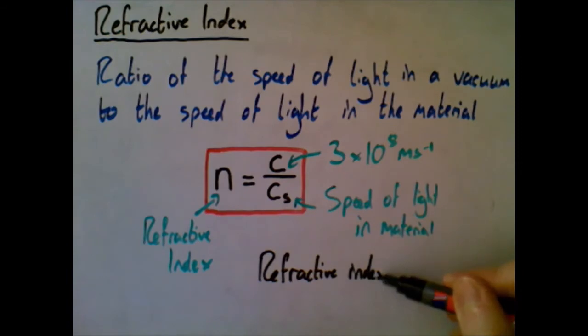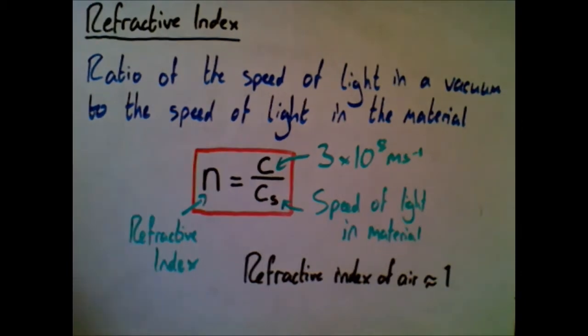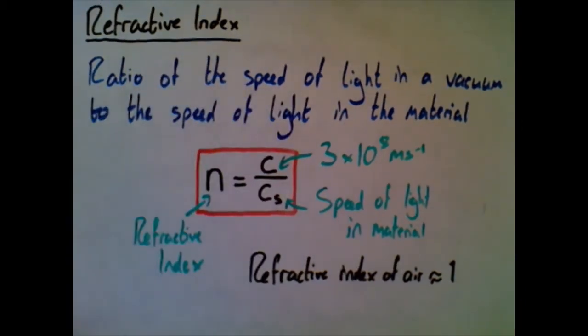It's not actually 1, but it's pretty much 1. The other thing to remember is that refractive index is always greater than or equal to 1, equal to 1 in the case of air. For a material like our glass block, it will always be greater than 1, because light always travels quicker in a vacuum than in that material.